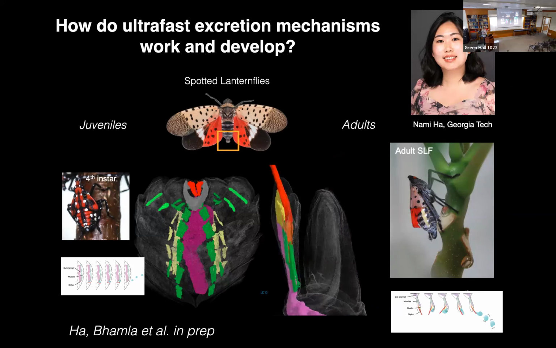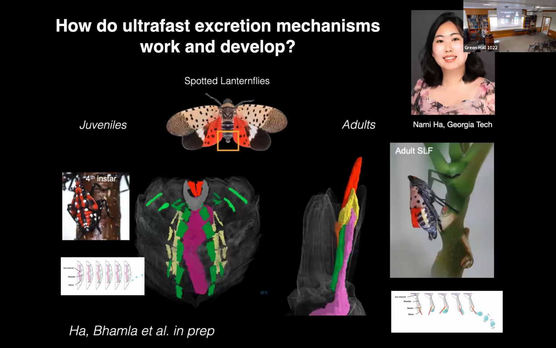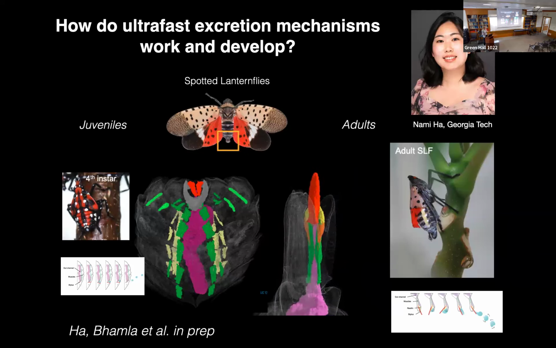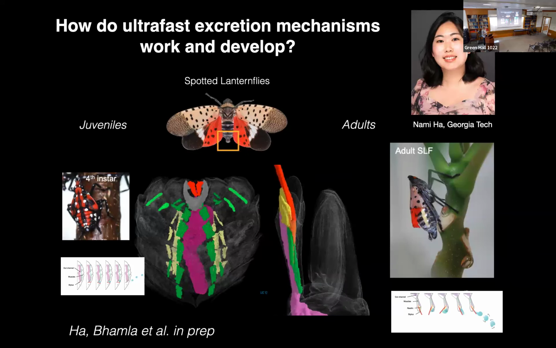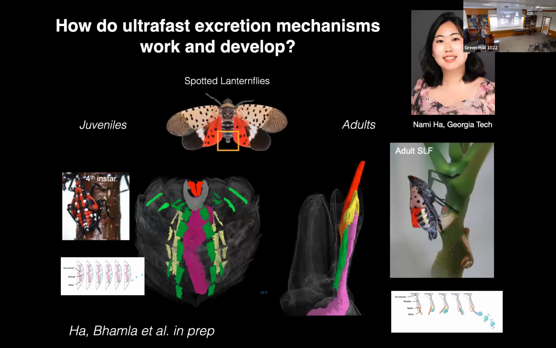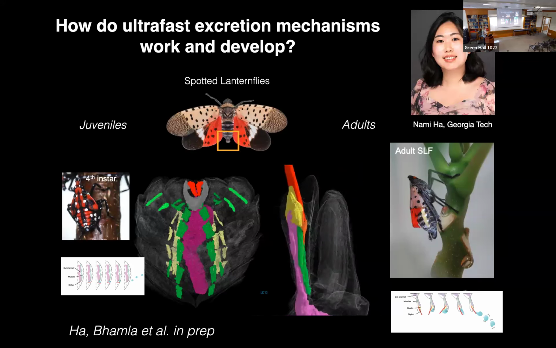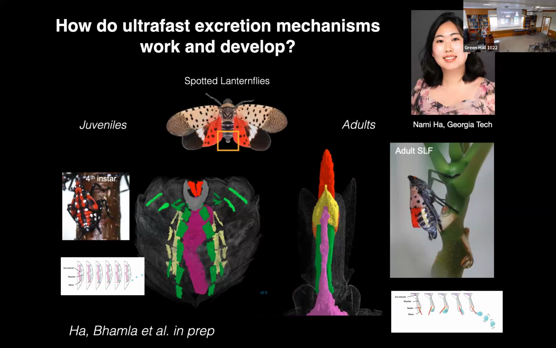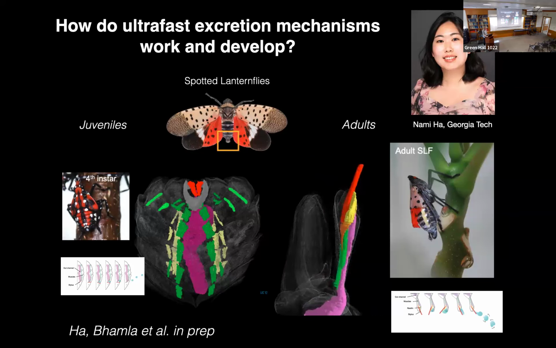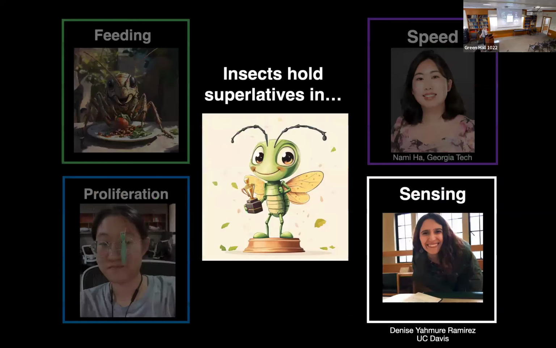We used micro-CT both for the blue-green sharpshooters and for this project to understand the anatomy. Nami's a fluid mechanics engineer getting her PhD, studying how these mechanisms evolve over time and how they work in different creatures. It's exciting that we're using micro-CT to contribute to that.